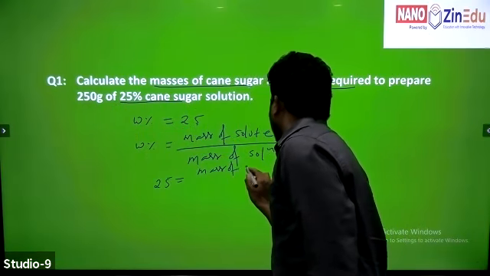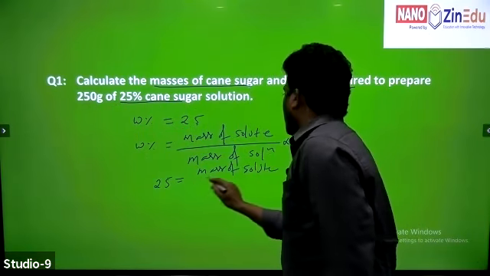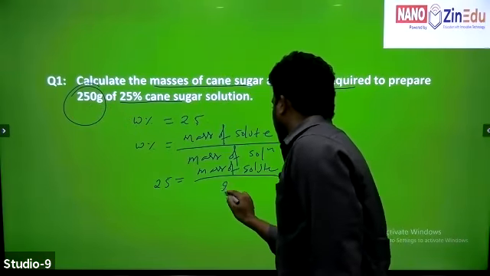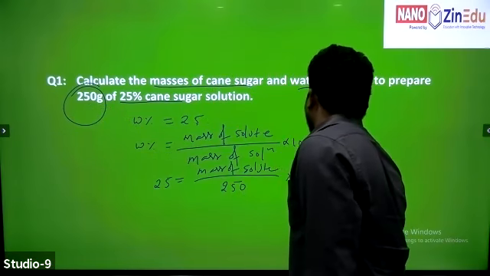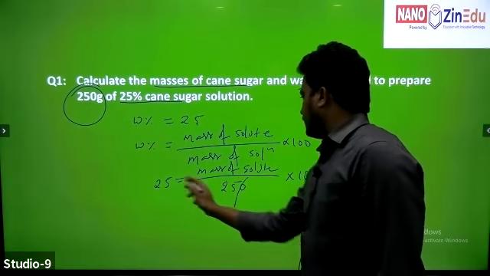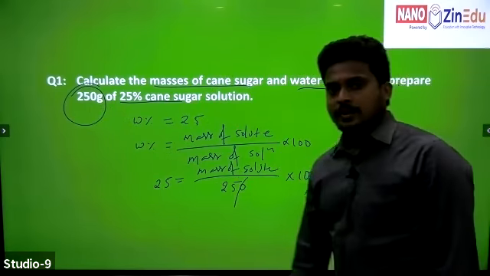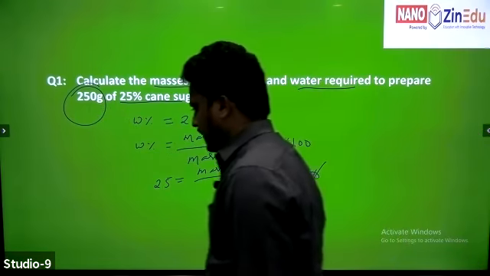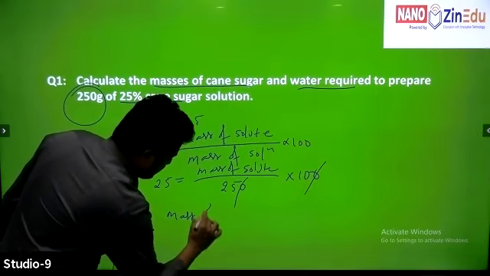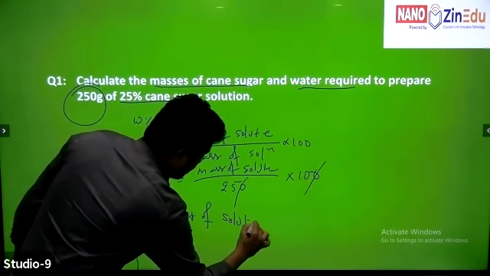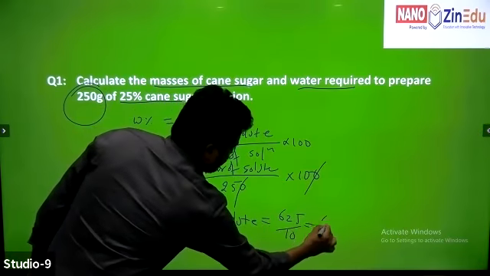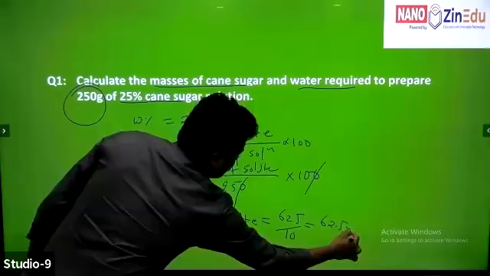Simple basic maths. The zeros cancel, 25 times 25 is 625, divided by 10. Mass of solute is 625 divided by 10, that is 62.5 grams.